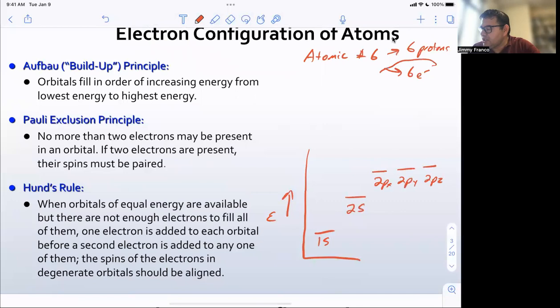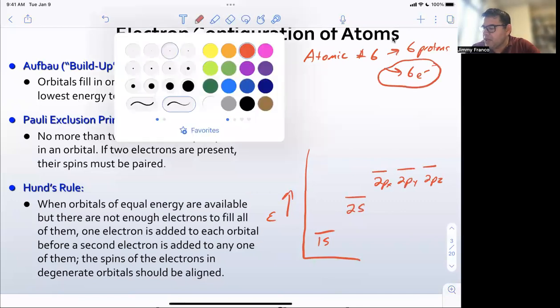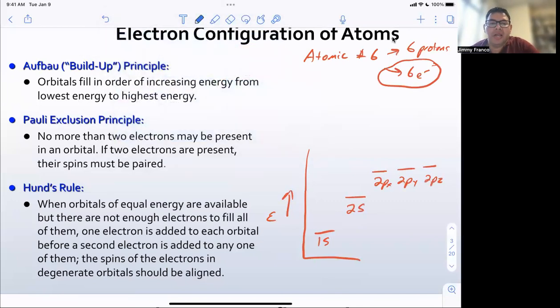We know we have 6 electrons, and we're going to try to figure out where they go in this energy diagram. The very first statement says we're going to fill these from increasing energy. So we want to start with the lowest energy and go to the highest. The lowest energy just means start at the bottom and go up.